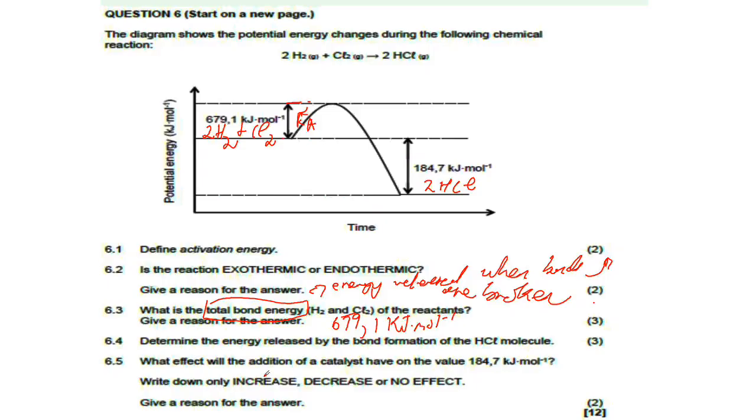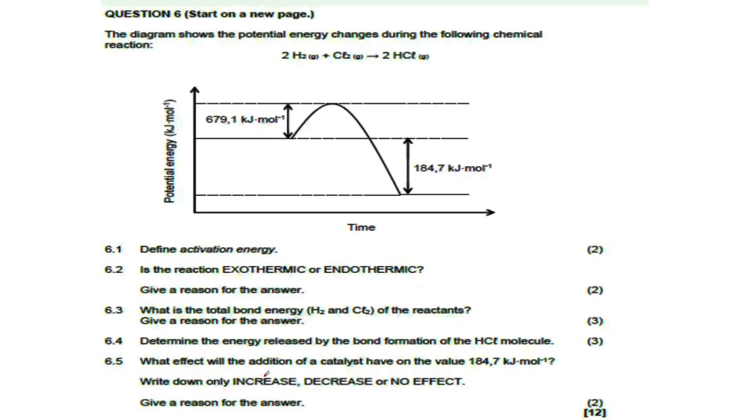Then 6.4 says determine the energy released by the bond formation of the HCl molecule, right? So from here, we can see that we have the activation energy, right? So when bonds are broken, we have this energy that is being released here, which is the minimum energy needed to start the chemical reaction.